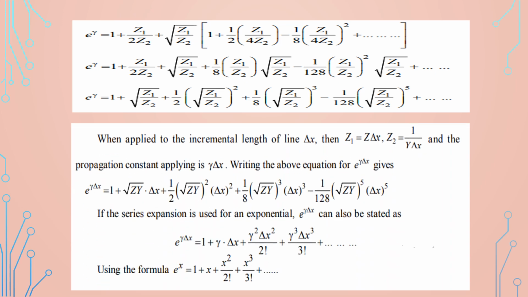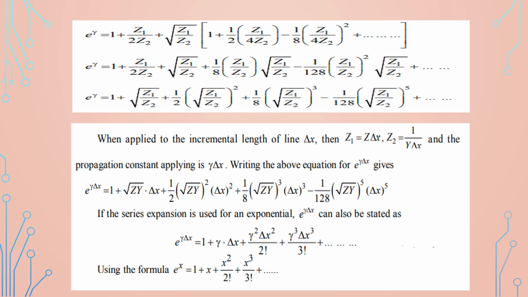Now you have this term of e power gamma. For e power gamma, I have 1 plus Z1 by 2 Z2 plus the term under the square root, which has been replaced by what we derived in the previous slide. Now I am going to rearrange the equations and terms.